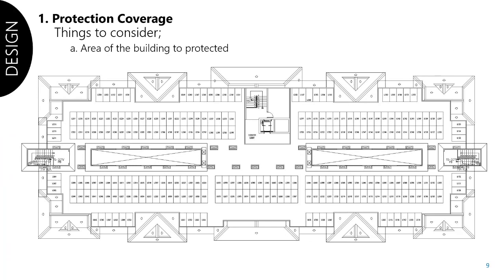For the protection coverage, these are the things to consider in doing the LPS protection coverage design. The first consideration I write here is the area of the building to be protected. Of course, we need the area of the building. That's why if you notice, the risk assessment already considered the length, the height, and the width of the area to be protected, or to use the exact word, the structure of the building.